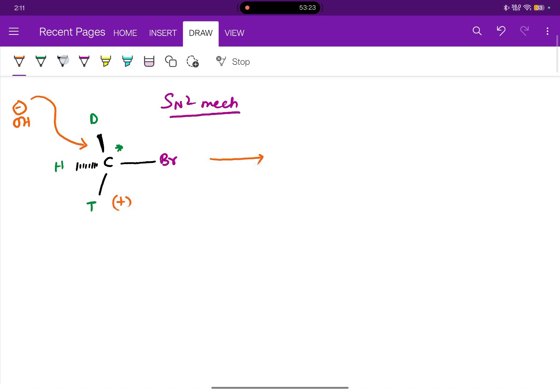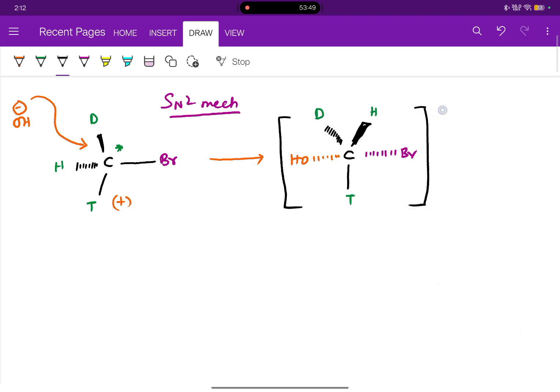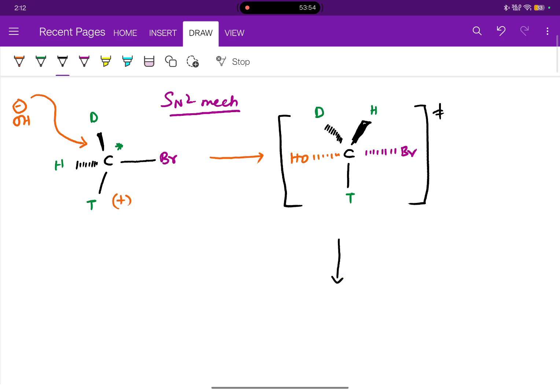After some time, I will get a pentavalent short-lived transition state, where the bromide takes the electron and goes, and the OH donates the electron to the central carbon, with D, H, T. So now what will happen to the carbon?